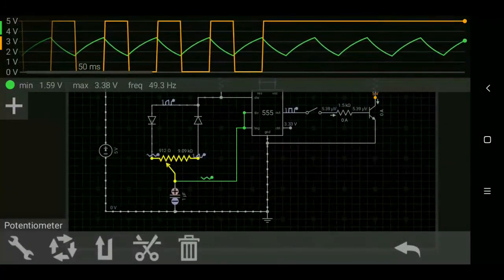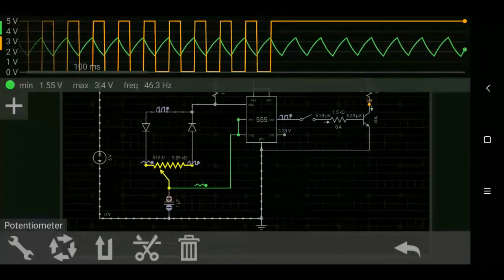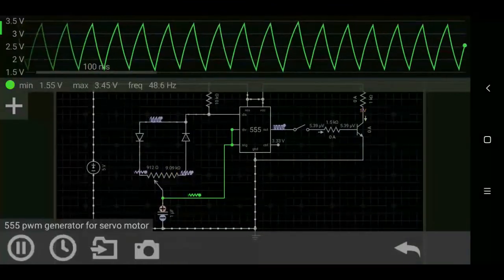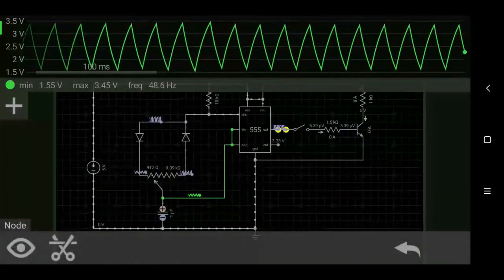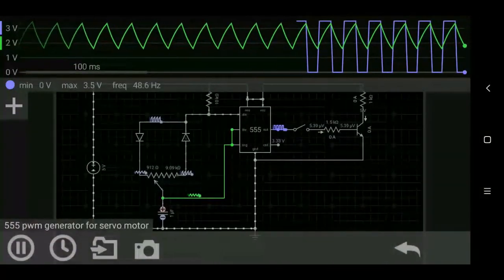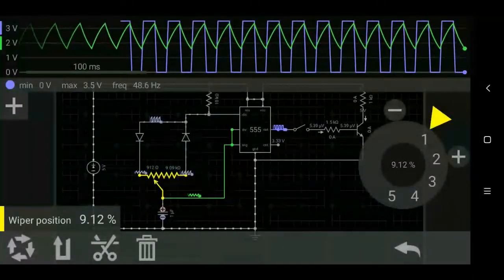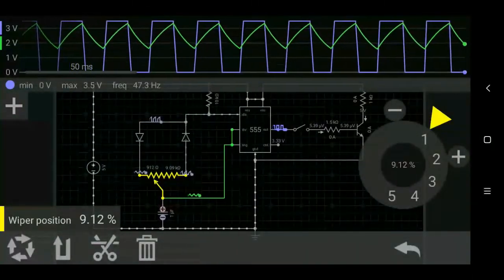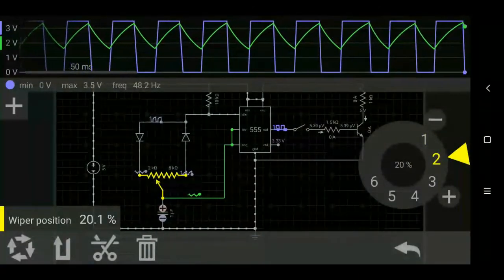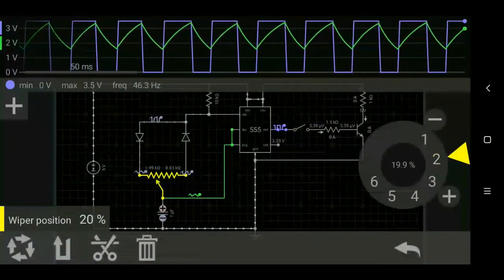And you can see right now, across this transistor we want to see the output at pin 3 of the 555, and this is the signal. And now we will vary this potentiometer. First, we will change the discharging time.